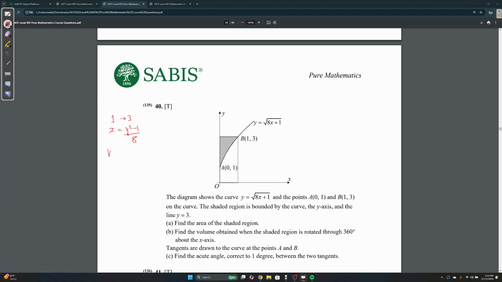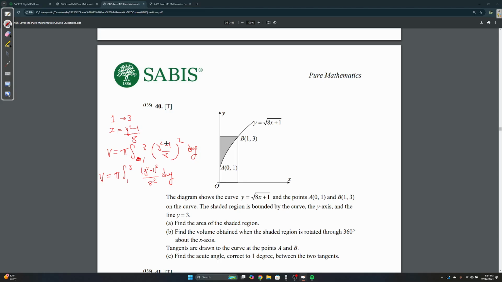Since we have one curve, we're just going to use V equals pi integral from 1 to 3 of (y squared minus 1) over 8, squared. Okay, so let's expand this. Volume is equal to pi integral from 1 to 3 of (y squared minus 1) squared over 8 squared, dy.